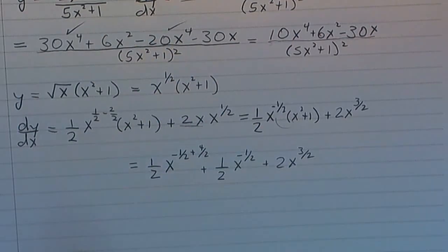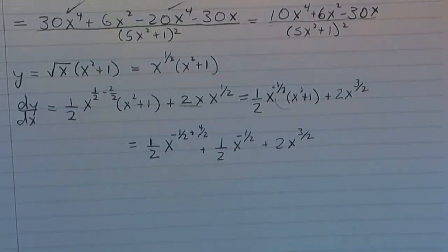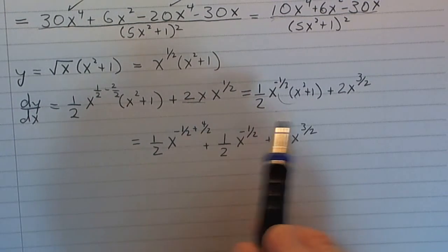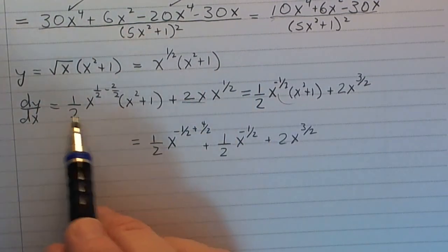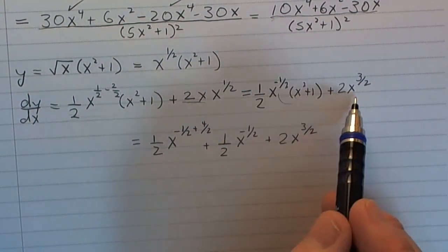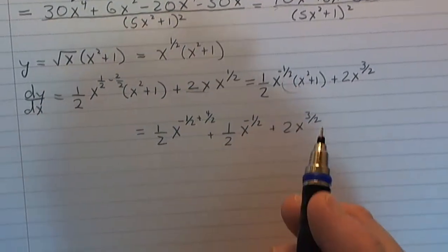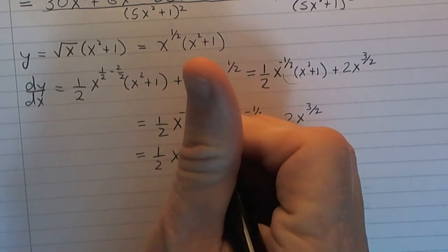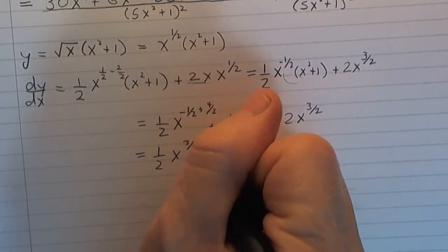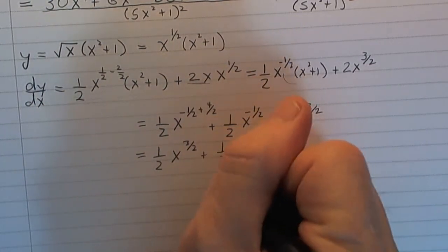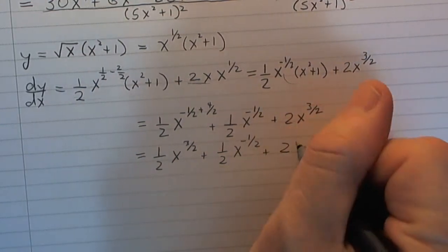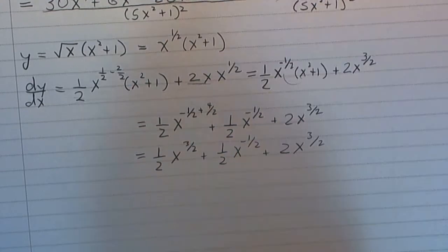So sometimes the simplification is where you run into a lot of algebra problems. But anyway, we're just chugging along here, seeing if we can make this a little simpler. This is kind of messy. So this is 1/2 x to the 3 halves plus 1/2 x to the negative 1/2 plus 2x to the 3 halves.